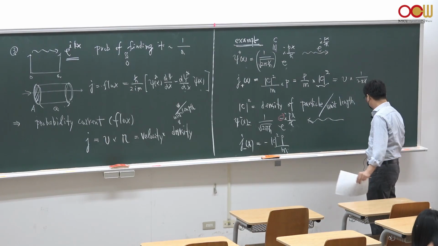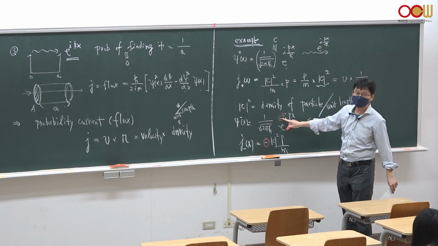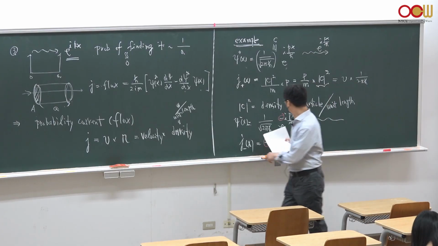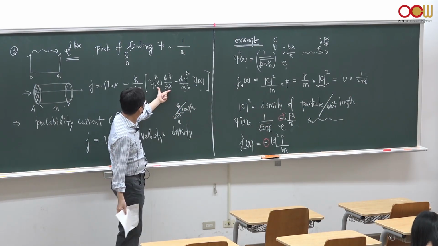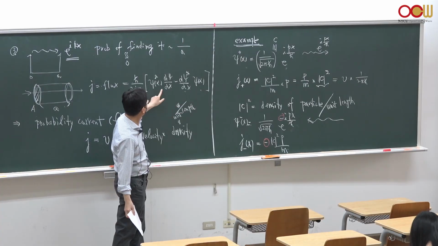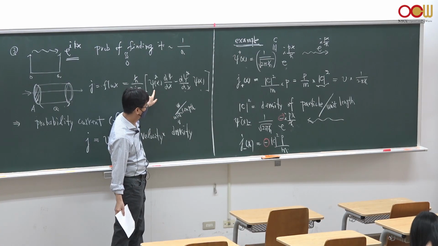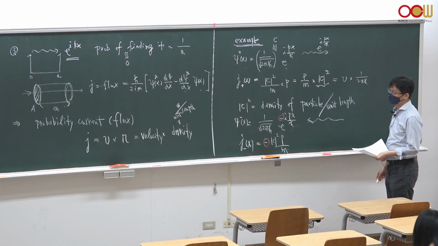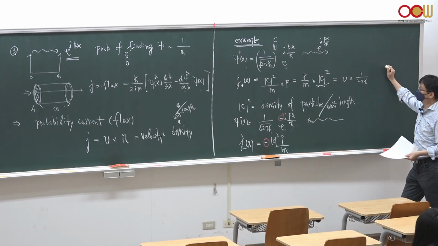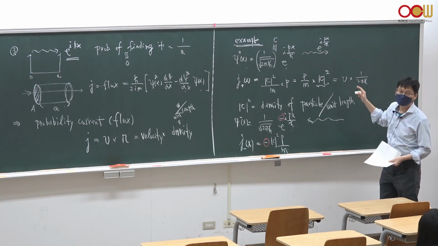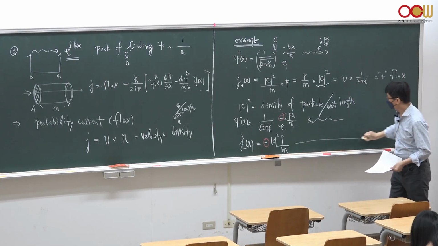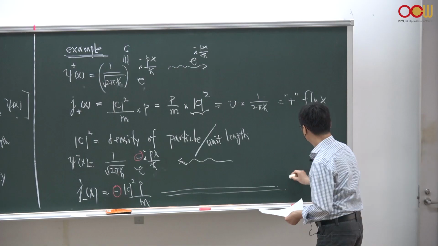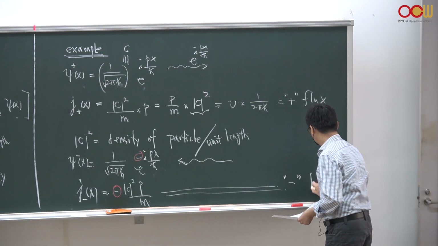The reason you get a minus sign is because of the minus exponent appearing in this wave function. If you take the derivative of this e to the minus ipx over h bar, you get a minus p instead of plus p. So we could very easily interpret J minus and J plus in the sense that for the particle moving to the right, you have a positive flux, and for the other particle moving to the left with the same velocity and momentum, you get a minus flux.